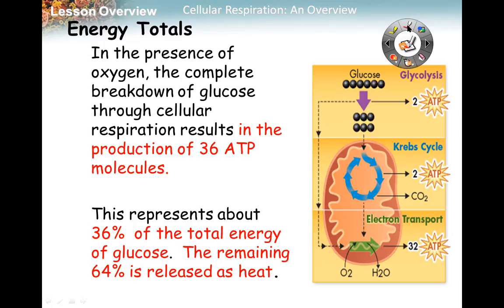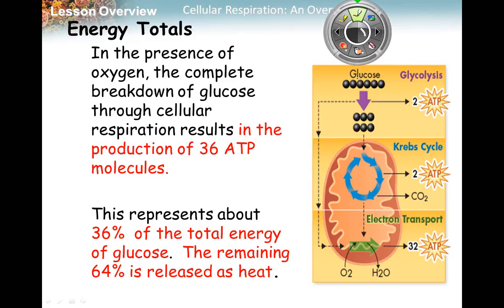In the picture here, you can notice the three parts of cellular respiration that we've talked about. The first stage is glycolysis, the second stage being the citric acid cycle or the Krebs cycle, and the third stage being the electron transport chain.